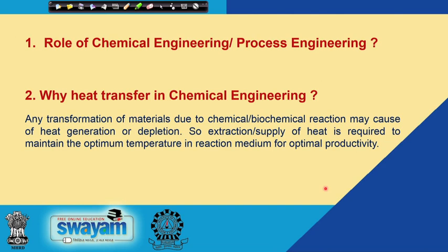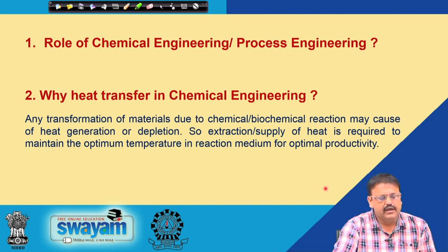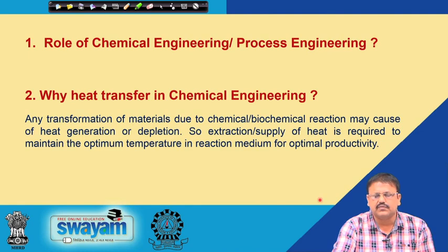Whenever we go for any transformation of materials for production of new materials by chemical and biochemical reaction, it may cause heat generation or depletion due to the formation of new bonds and the destruction of the old bonds. So, extraction of heat and supply of heat is required to maintain the optimum temperature for the optimal productivity.